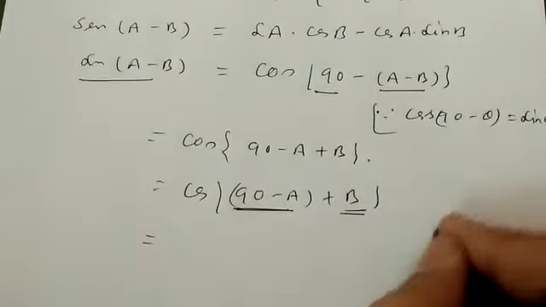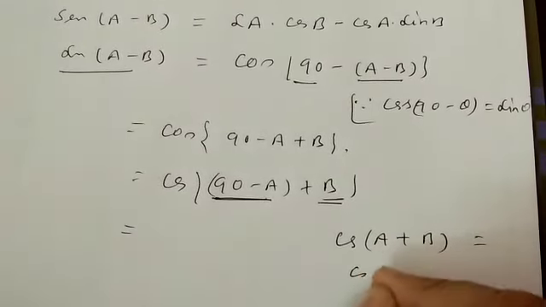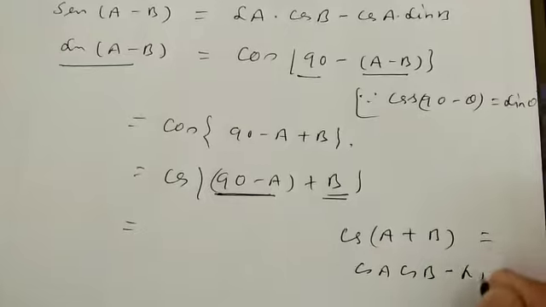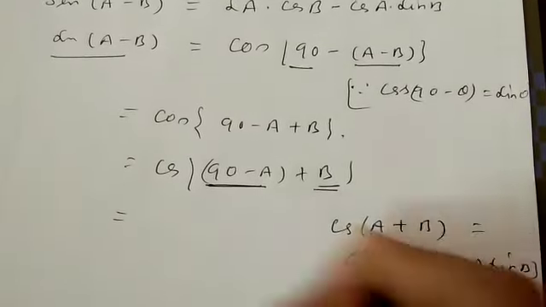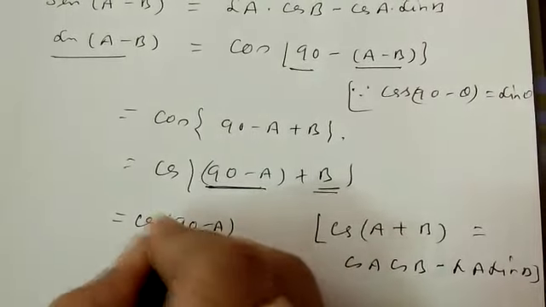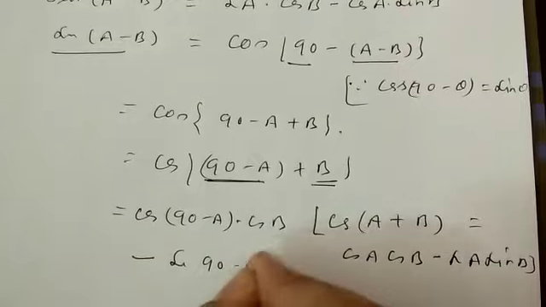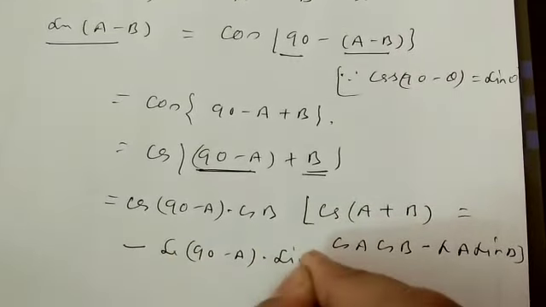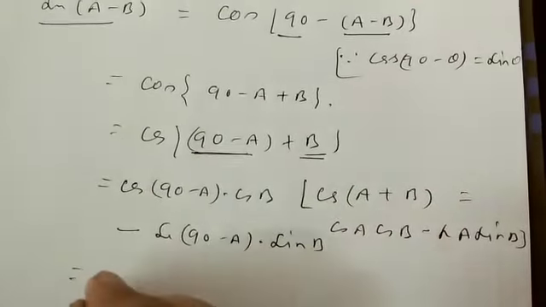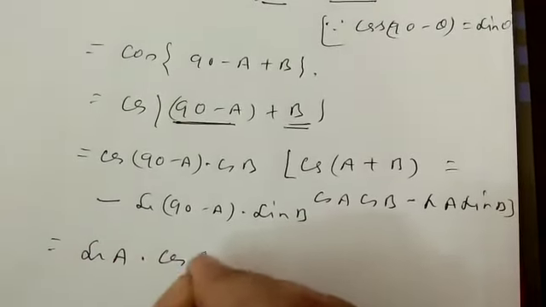And we know that cos of a plus b is equal to cos of a into cos of b minus sin of a into sin of b. So we can write cos of 90 minus a into cos of b minus sin of 90 minus a into sin of b. Cos 90 minus a equals sin a, so it becomes sin a into cos b.